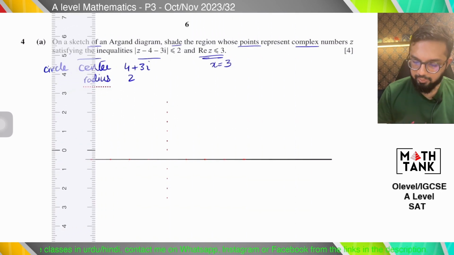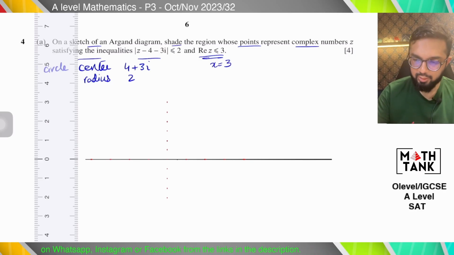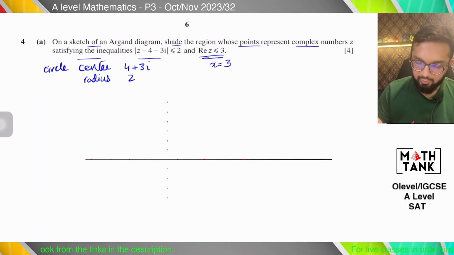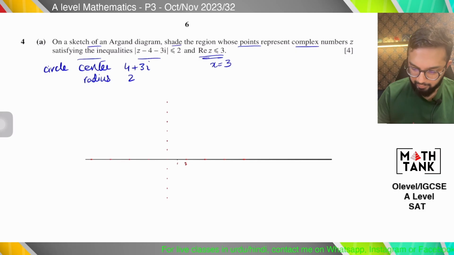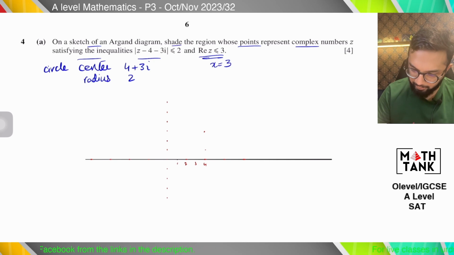Let's keep that, and let's imagine coordinates in the middle. So I'm going to say that I need a circle at 4 plus 3i, so that would be 1, 2, 3 in the middle, and then 4. About here, that's the center of the circle. I know that the radius has to be 2, so I'm going to go 2 up and 2 to the left.